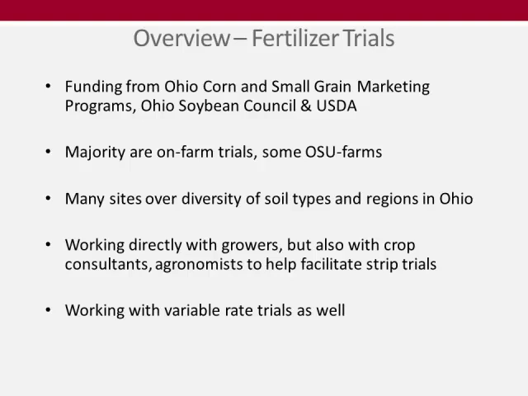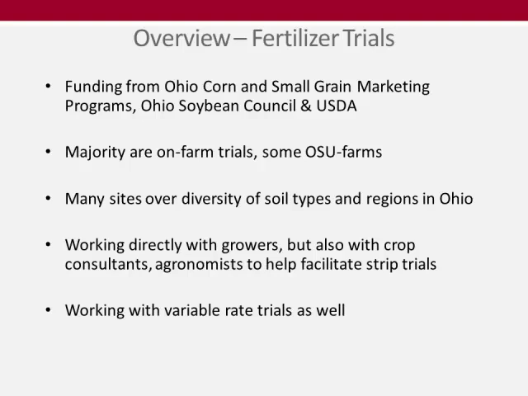I wish I could say I had the good foresight and wisdom to think through this, but I'll credit the Ohio Corn Board for really pushing this idea of public-private partnerships and having private crop consultants and agronomists help conduct some of these trials, right?